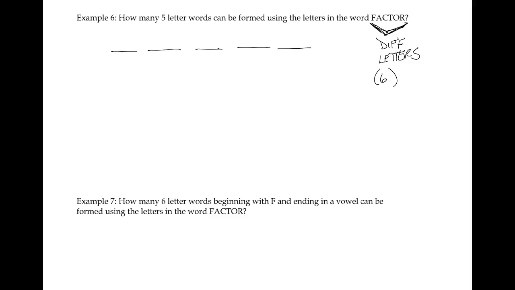Words can have repeating letters. Book, look, it doesn't matter. So I could hypothetically reuse these letters, and so I've got 6, 6, 6, 6, and 6 as my options because I could use any of the letters anytime I want. So that gives me 7,776 options.